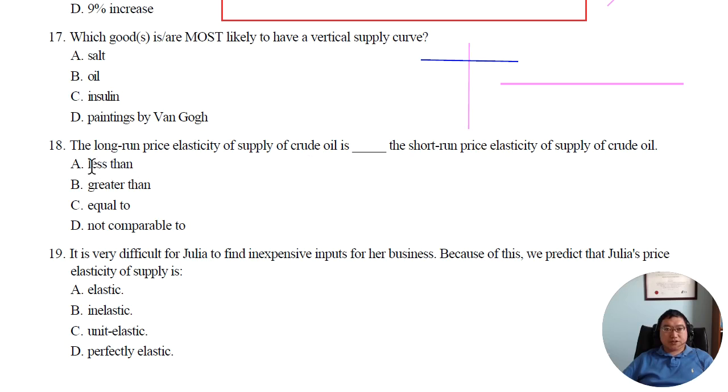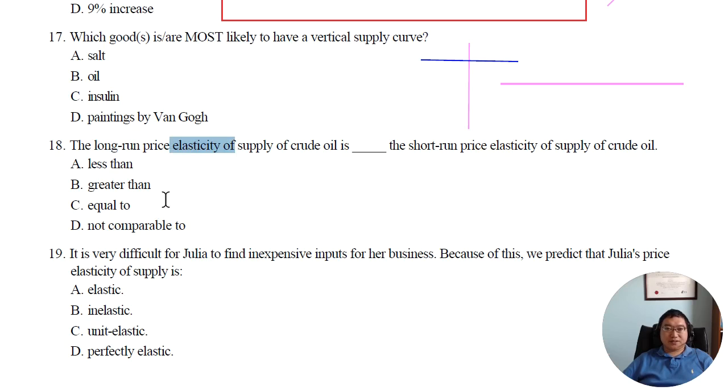Now let's look at question 18. The long run price elasticity of supply of crude oil is greater than, less than, or equal to the short run price elasticity of supply of crude oil. For both supply and demand, the longer the time, the higher the elasticity.